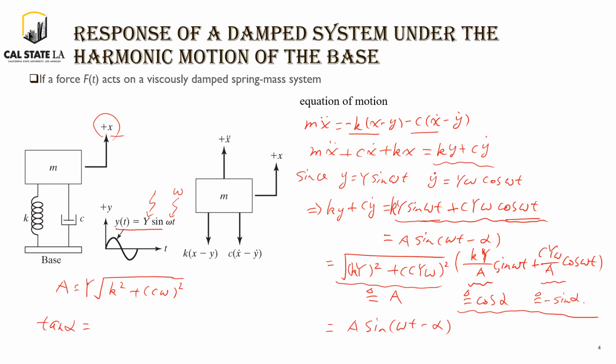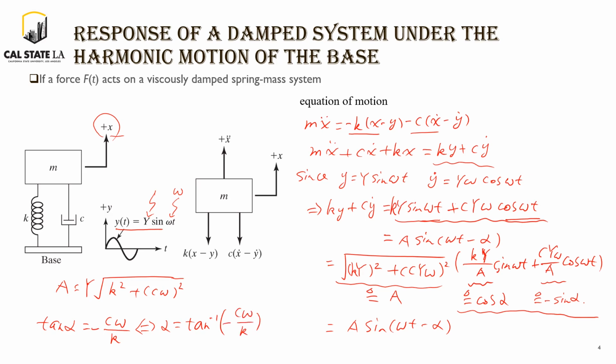Sine alpha is negative c omega Y, over cosine alpha, which is k capital Y. Y can be cancelled, so we'll write it as negative c omega over k. You can also write alpha as the inverse tangent of negative c omega over k.